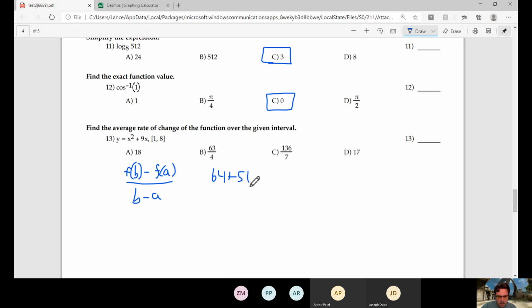No, it's not. No, Lance, no. All right, and when you simplify this, that is 136.